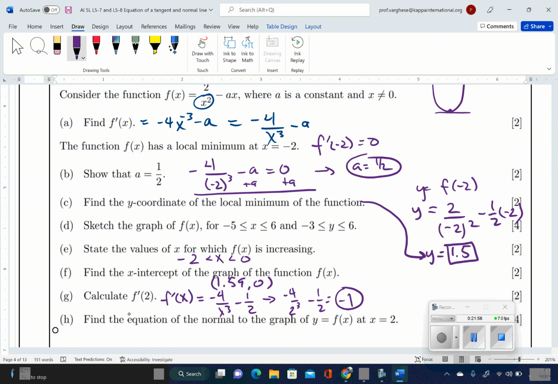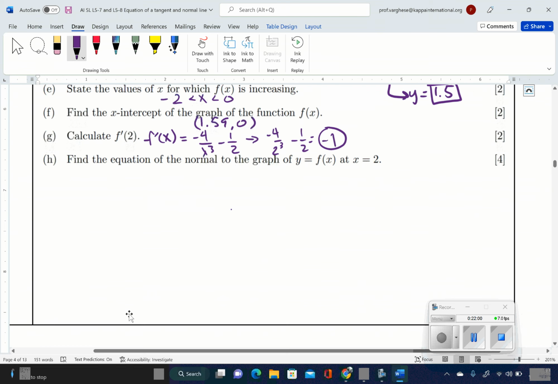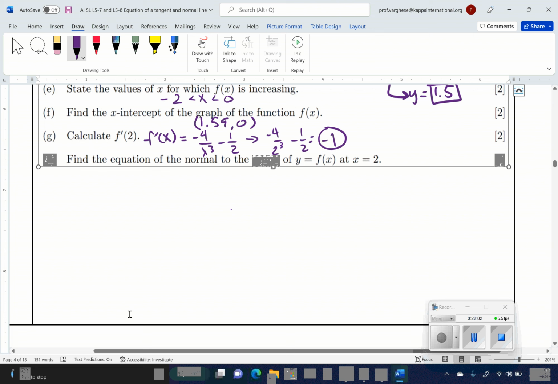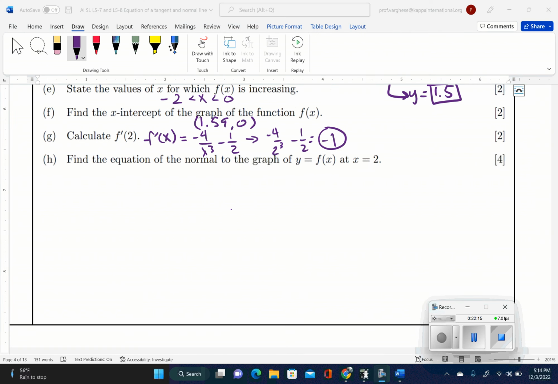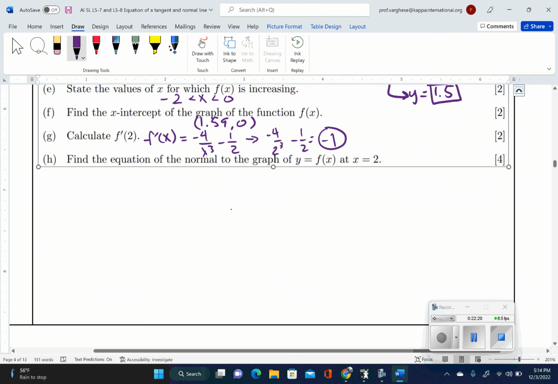And now here's our question. Find the equation of the normal. To do this, remember that we have to find the negative reciprocal of our slope. Our slope is, we just got f prime at 2, which is what they want us to find the normal at, is equal to -1.